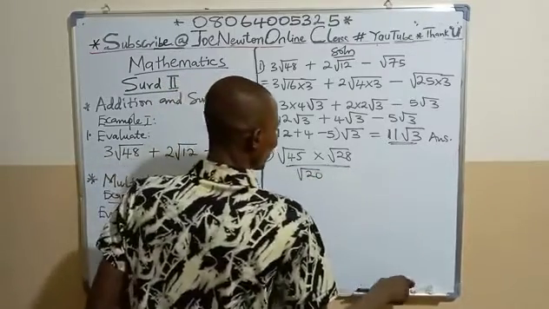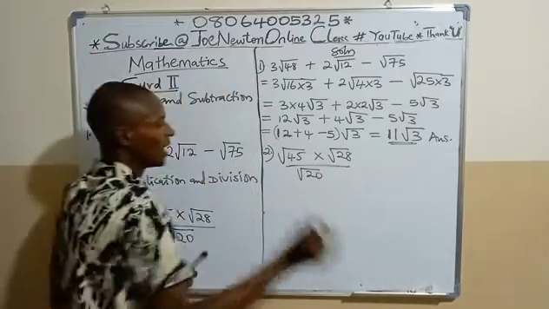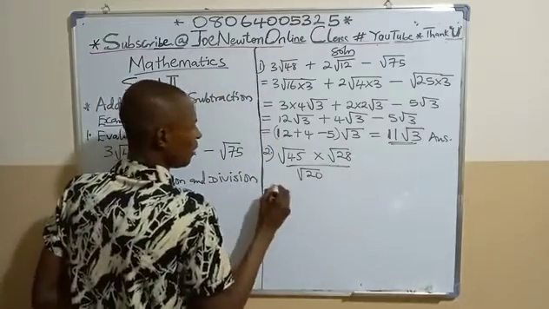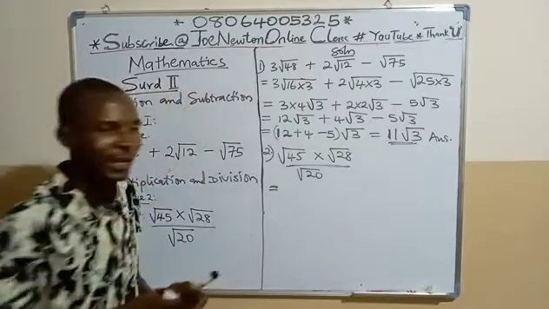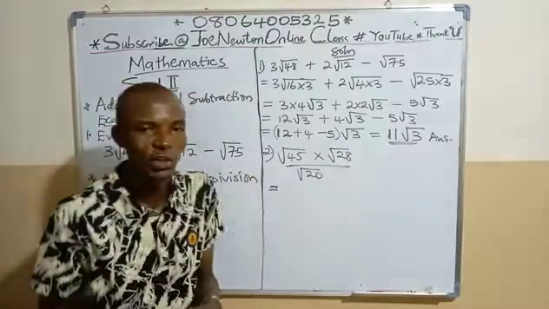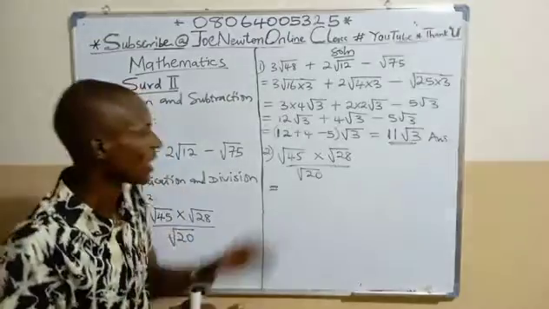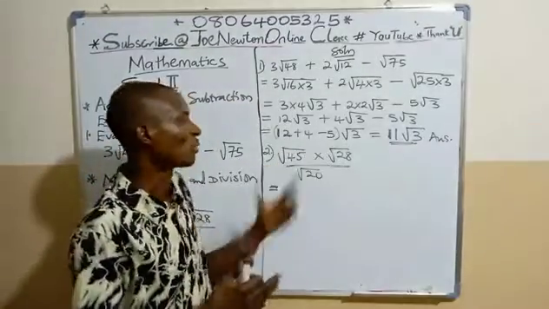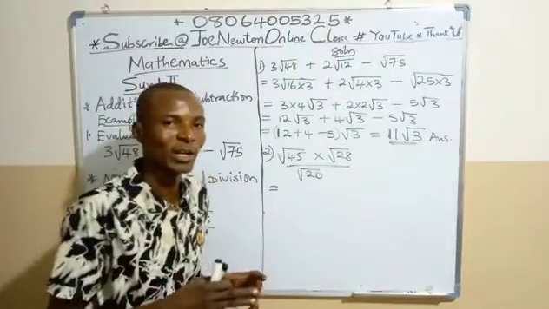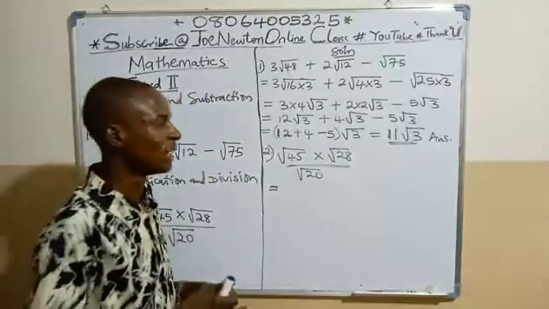Okay, without wasting time here, you look at this. If you like, because under division and multiplication, you can combine them. You can combine and simplify, then find the surd finally. But I want us to use surd form to solve all of them.